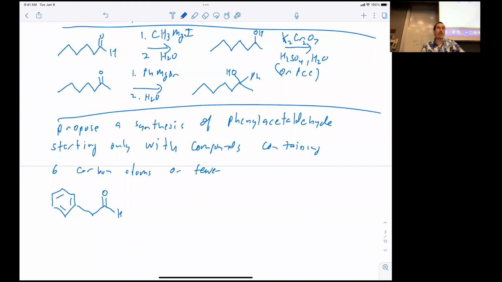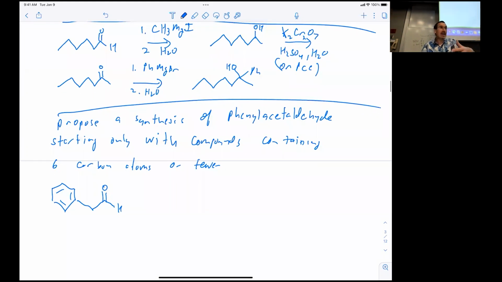I don't need a number on that because if it were at the 1 position instead of the 2 position, I could call it 2-phenylacetaldehyde, but I don't need to, because if it were at the 1 position, it wouldn't be an aldehyde, it would be acetophenone. Okay, so again, right now, I know reactions that make alcohols, and so I could say, well, I don't really know where to begin.